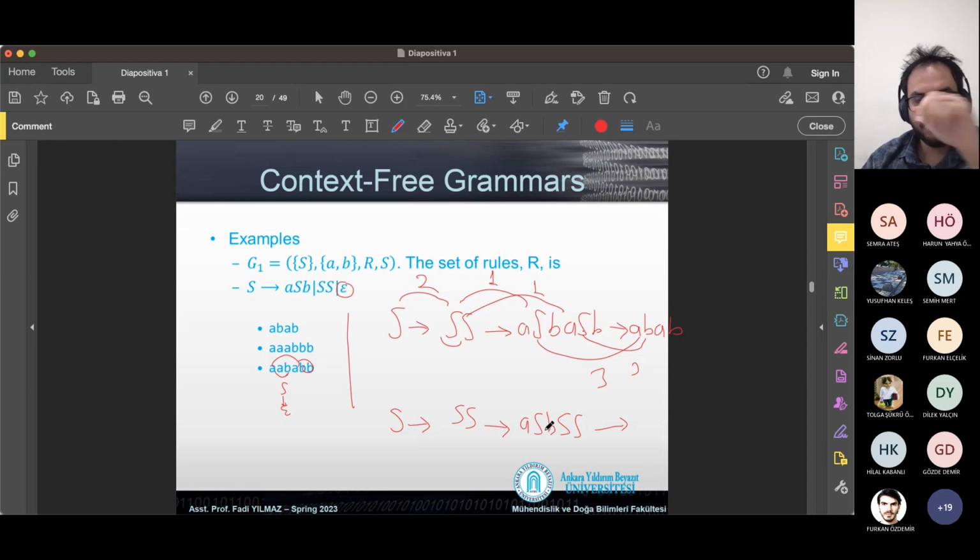Or the other way. Let me just do it. And then this S, AASBB. No, I made a mistake here. It cannot happen because there's a B. Then it should be SASB. No, I cannot do that, guys. Can you help me? How can we do it?